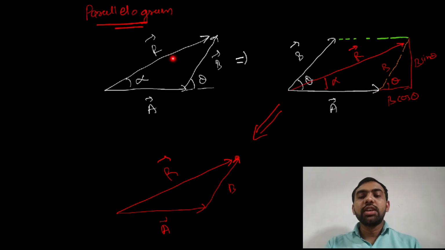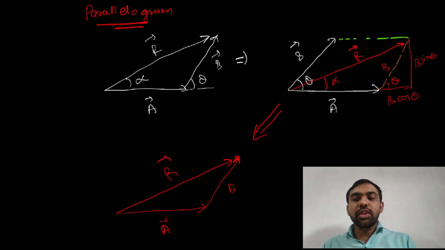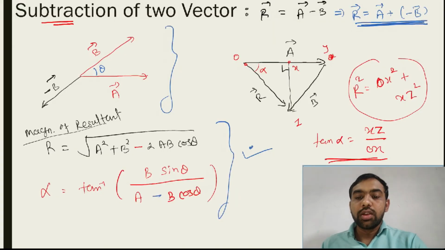What is the resultant here? Under root a square plus b square plus 2ab cos theta. What is the resultant here? Under root a square plus b square plus 2ab cos theta. Okay, only the figure is different. All of you guys note this figure also, parallelogram, how to draw the parallelogram. So this can also be found by using the parallelogram. But how to draw the parallelogram?